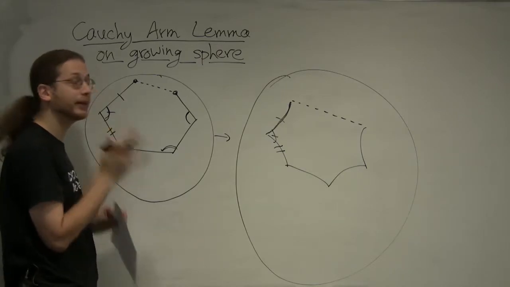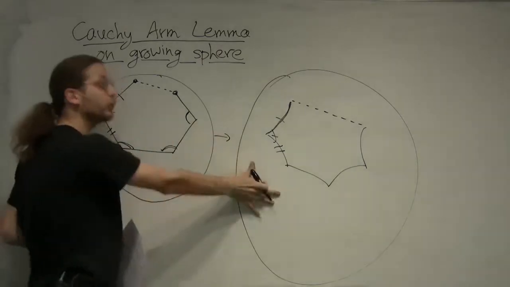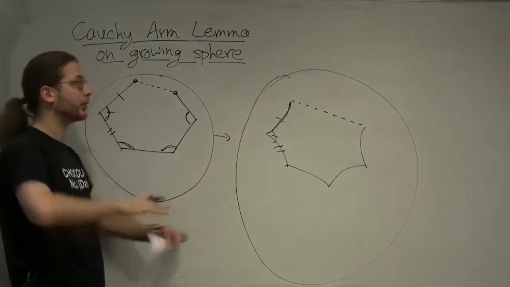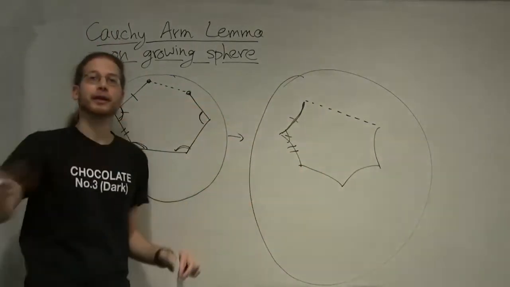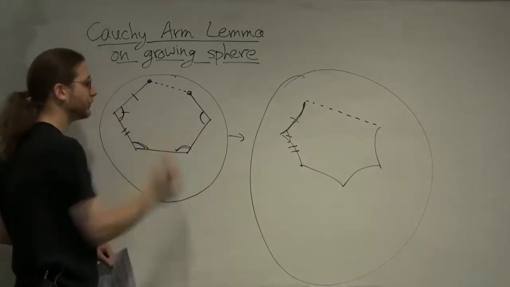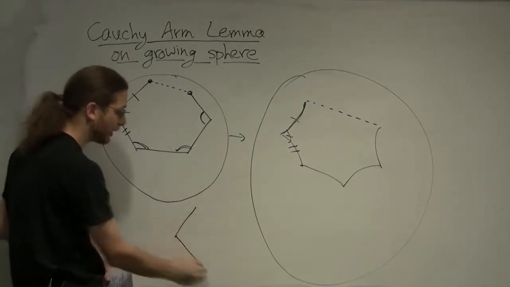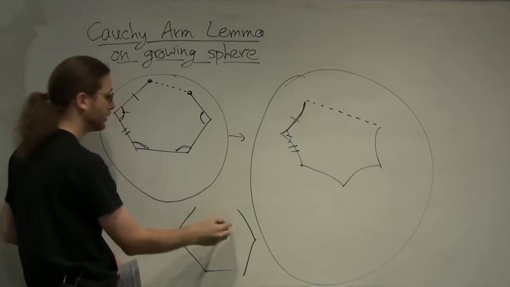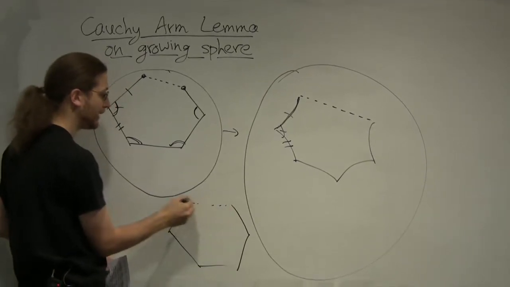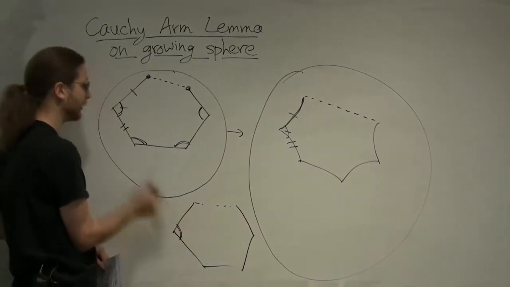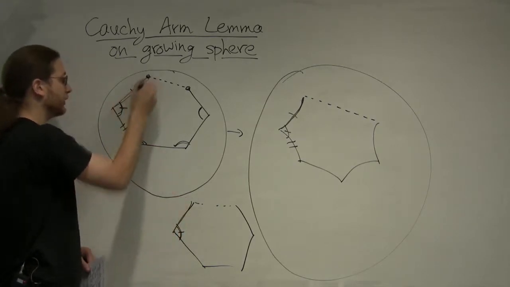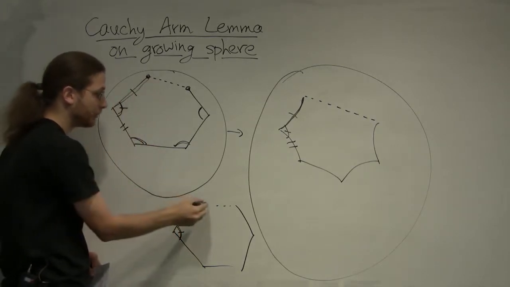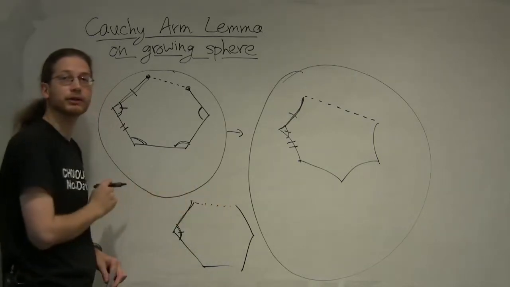And in the limit, if you take a ginormous sphere, a really, really big sphere, it becomes a plane. So if I take something on a sphere and then I draw it on the plane with the same angle, so this planar angle matches this spherical angle, and this length matches this spherical length, then in particular this distance will increase.